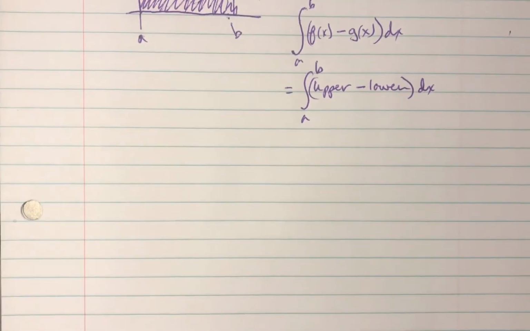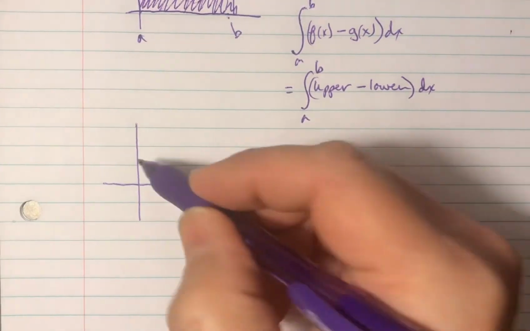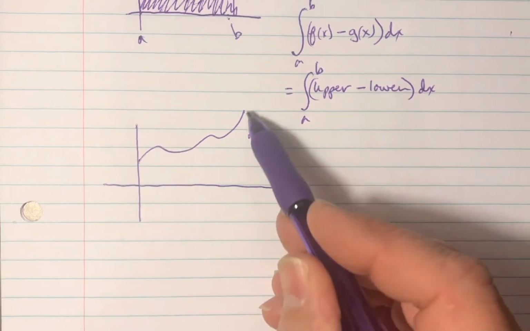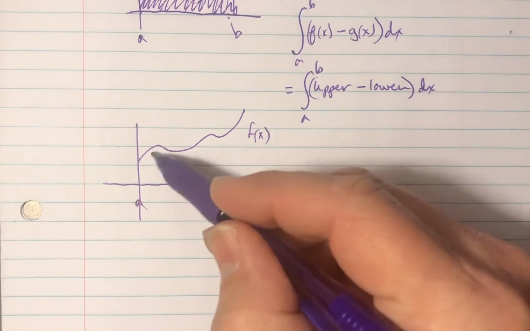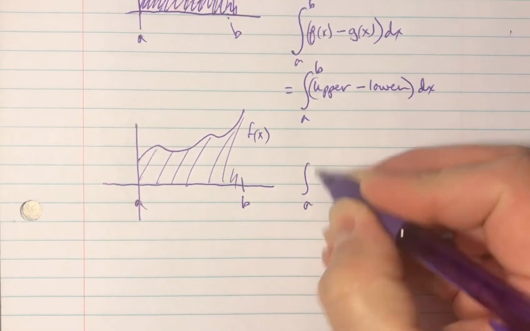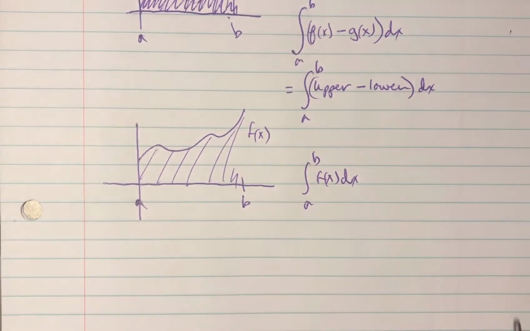Now, I'm going to change this problem slightly, and this sometimes throws people off. Let's suppose we have a function, f of x, that is positive on the interval from a to b. And so we know that the area under that curve would be the integral from a to b of f of x here.